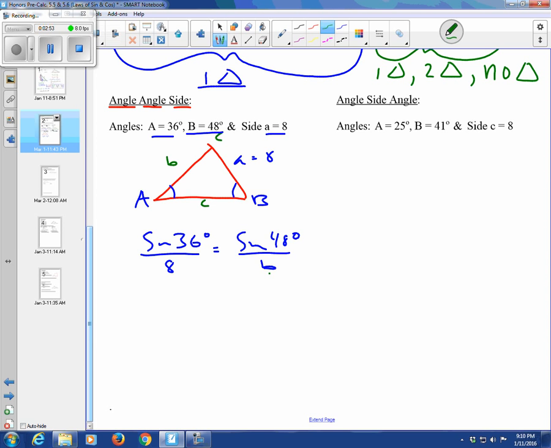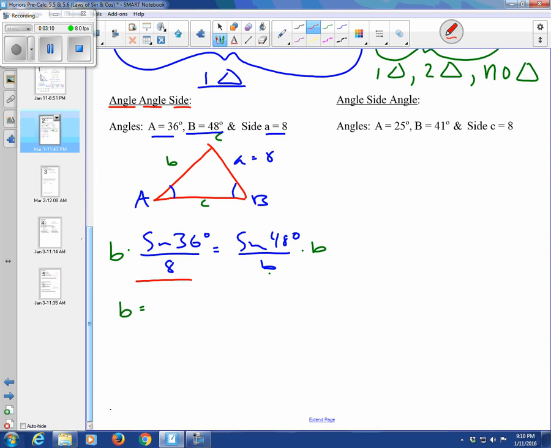To solve for b, we multiply by b on both sides, and then multiply by the reciprocal of sine of 36 over 8.